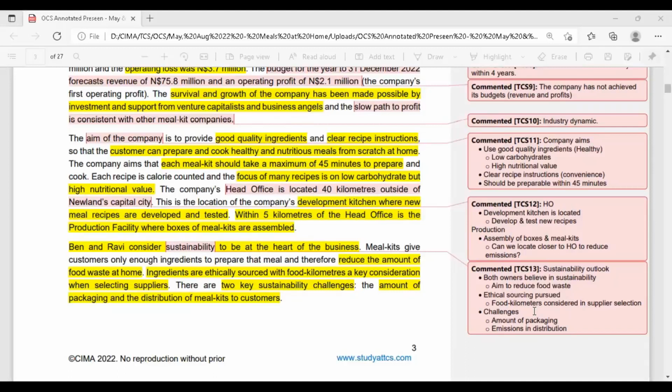And the challenges, when you're trying to achieve sustainability, you have to be open for challenges as well. If you are to become a sustainable company, you have to reduce the amount of packaging. And since we are in the meal kit industry, we are using multiple packaging. So reducing the amount of packaging could be a challenge, and reducing emissions in distribution could be a challenge as well, because especially this company, Meals at Home, has outsourced distribution.